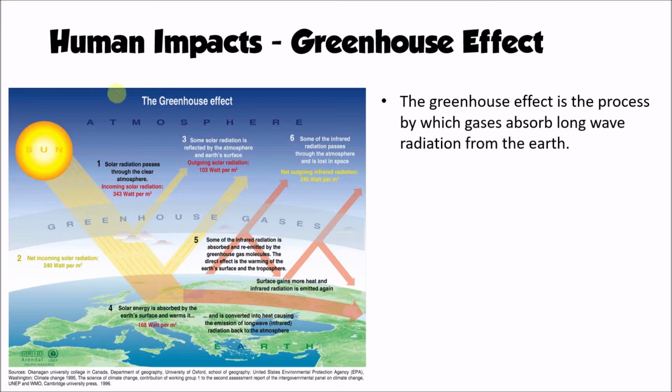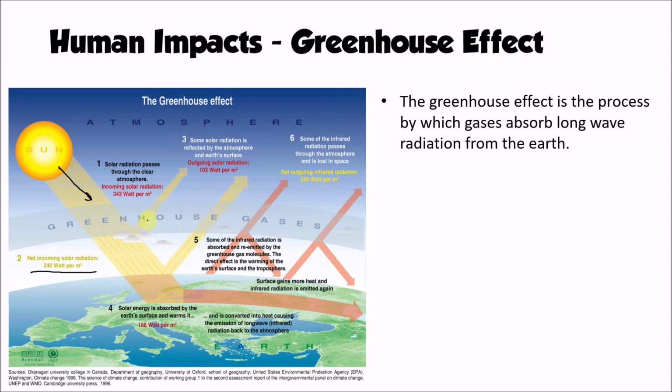We can see in the diagram that energy is transmitted from the sun towards the Earth. Now, most of that solar energy will be absorbed by the planet. We can see here that the net incoming solar radiation is about 240 watts per metre squared.